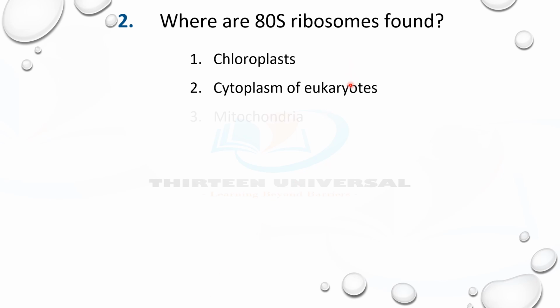So 2 is correct. 3, mitochondria, contains 70S ribosomes, just like chloroplasts and prokaryotes. Cytoplasm of prokaryotes: no. Number 1 chloroplast, 3 mitochondria, and cytoplasm of prokaryotes, they contain 70S ribosomes, not 80S.